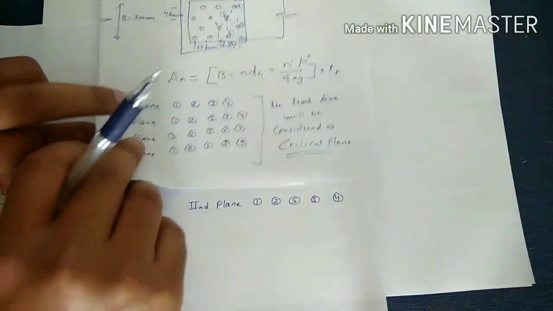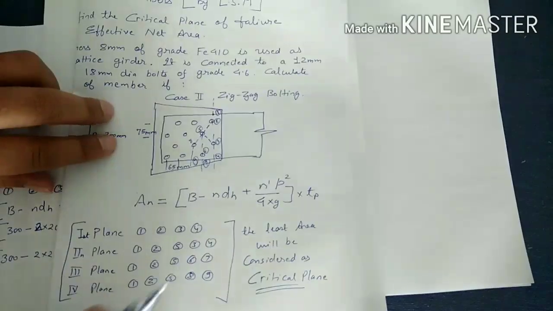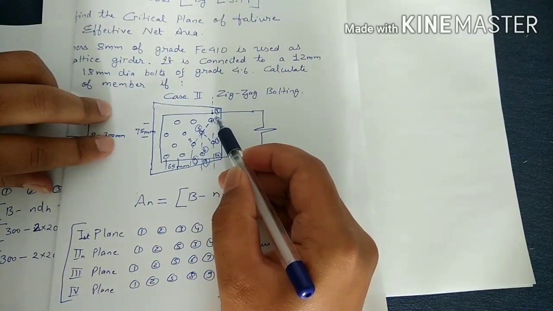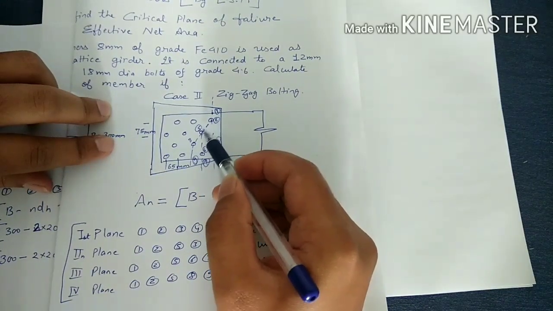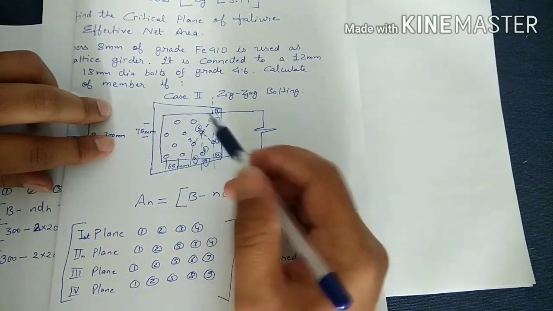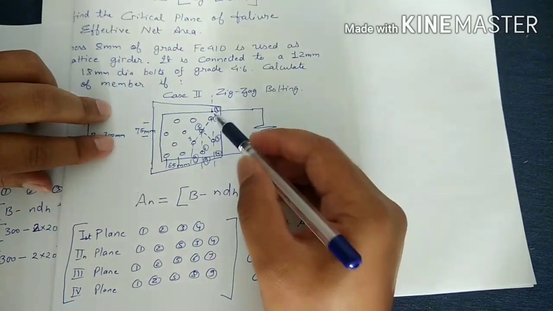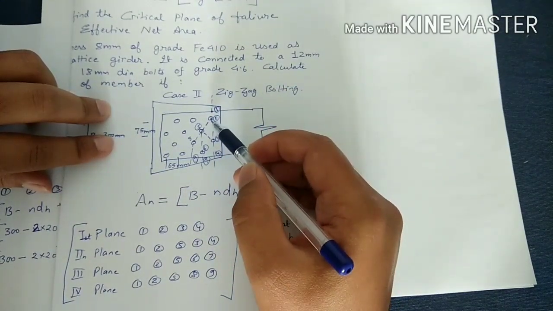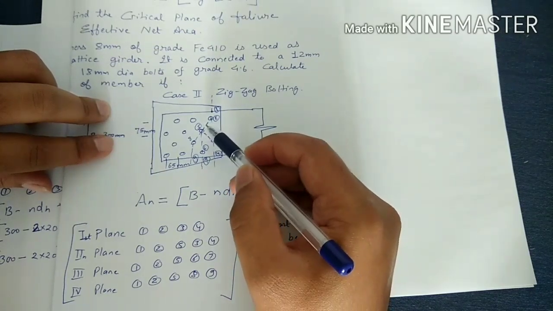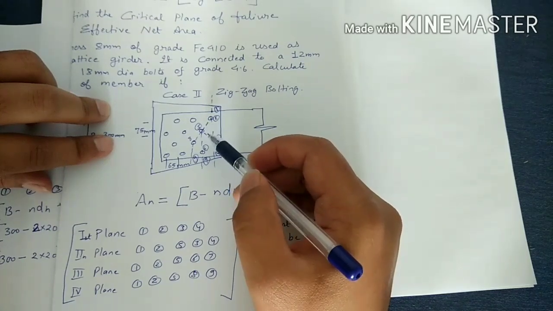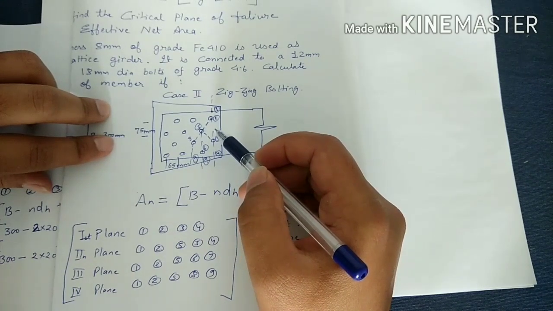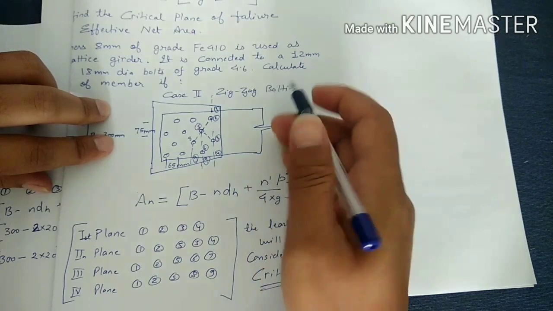This plane is staggered 2 times, that is from 2 to 5 and 5 to 3. Therefore N dash will be equal to 2.